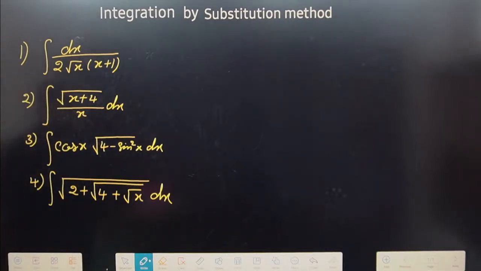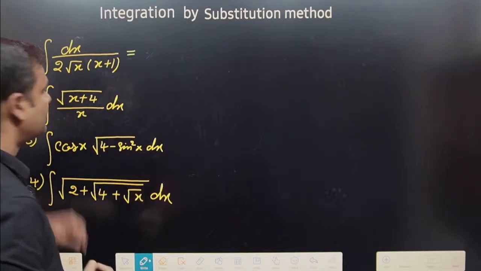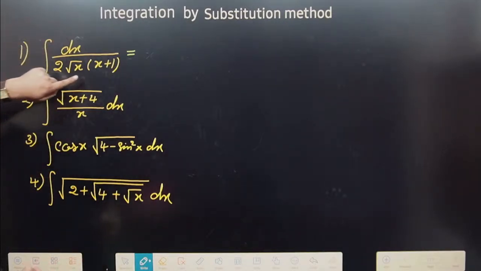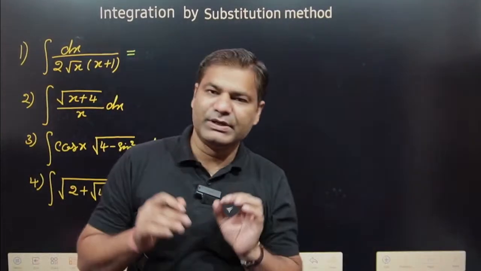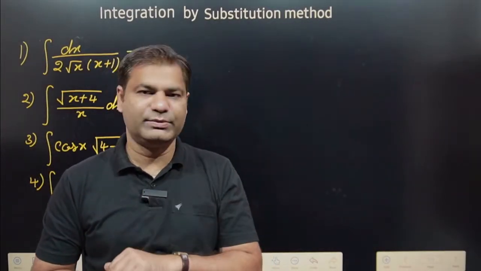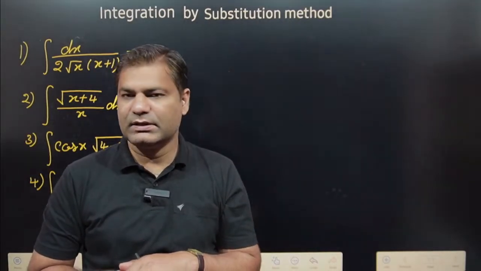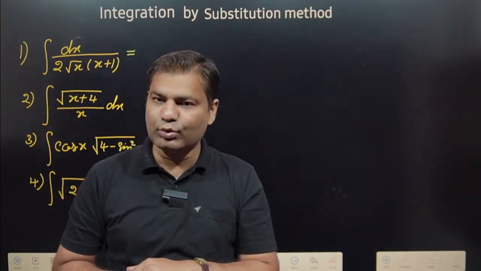So now start problem number 1. Integration of dx divided by 2 into root x into x plus 1. How can we do it? Simply, which part is very complicated? You can do this question with the help of the substitution method. First we check which part is very complicated. Root x.